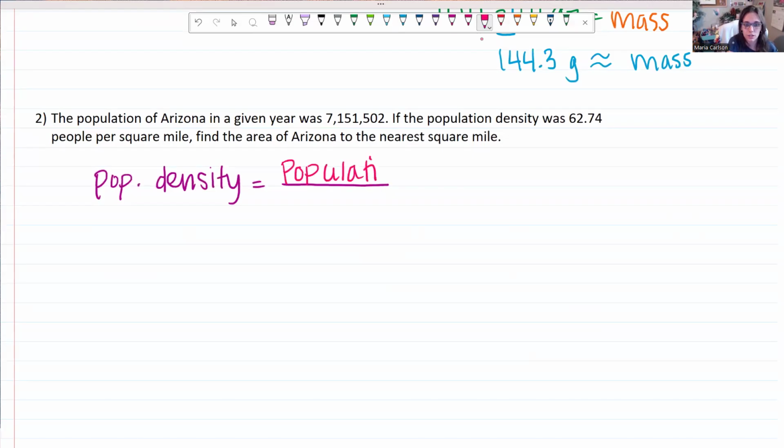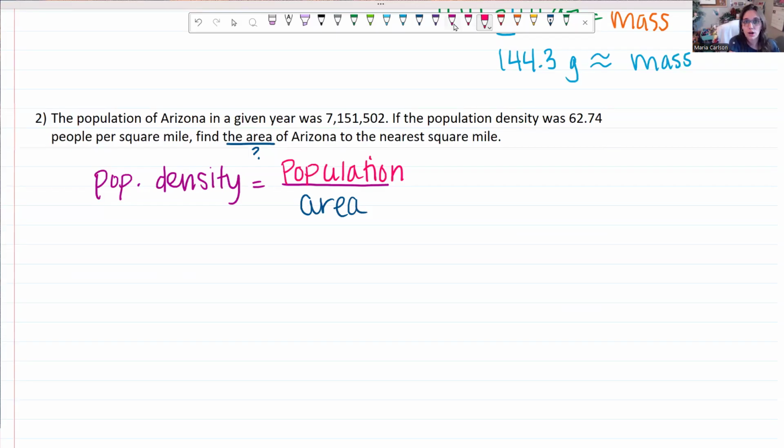Population per unit of area, which is what we are trying to find in this case. We do not know the area of Arizona, but we do know the population in this year and the density in people per square mile.